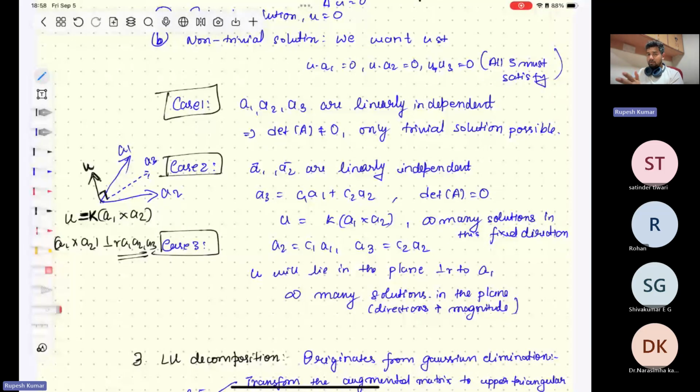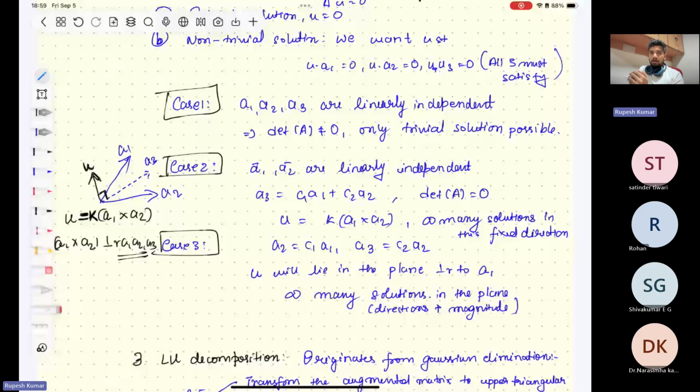This is universally true. Everyone will accept this, and mathematically you can prove that there will always exist a normal for a plane in three dimensions. If that exists always, then you always have a solution to Au equals 0, and u is essentially the normal to that plane. If the normal always exists, the solution always exists.